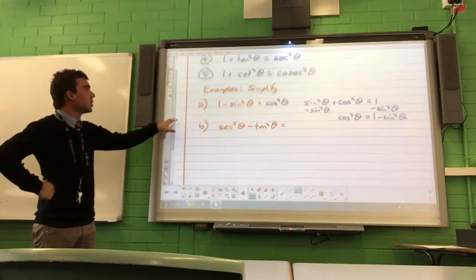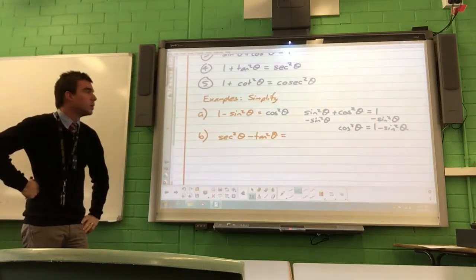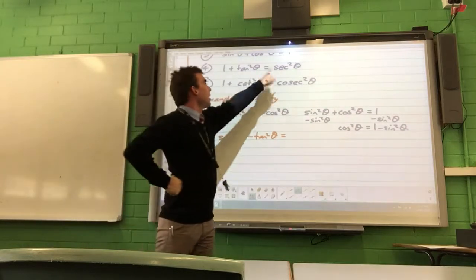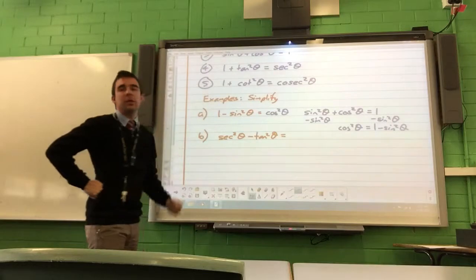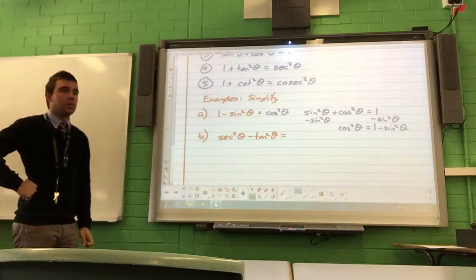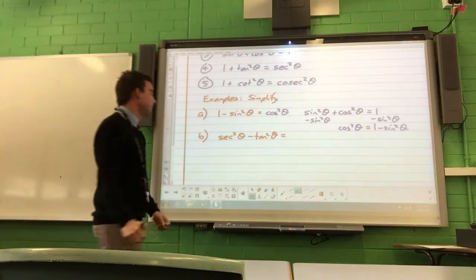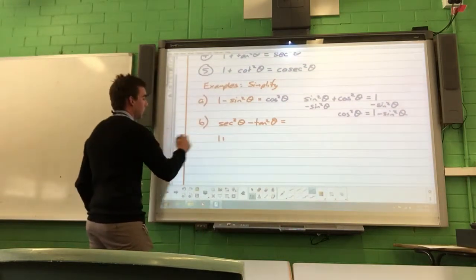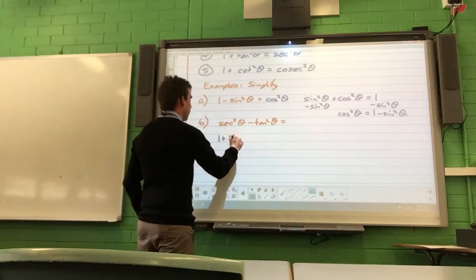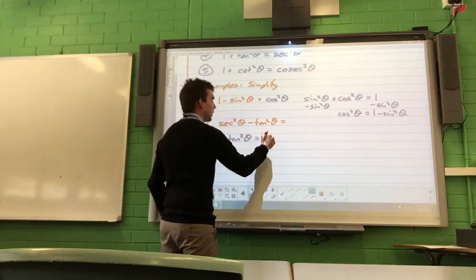You can either just write down the result. I need to move tan squared to the other side, and then all I'm left with is 1 on the left-hand side. So the identity gives us 1.